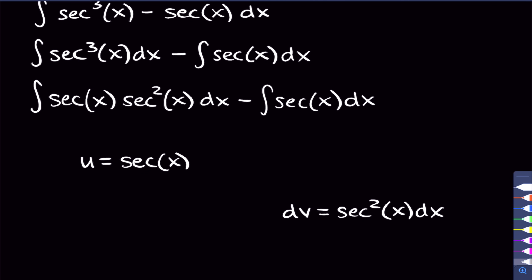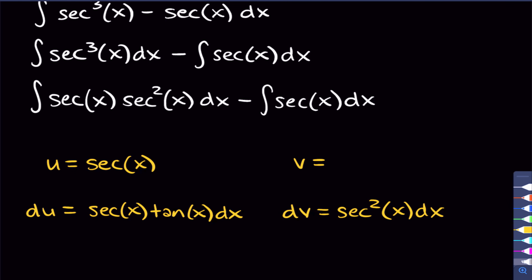And then from there, we need to integrate to find our v, and we need to take the derivative to find du. Now, du, that's the derivative of secant of x, that's secant tangent times dx. And of course, I ran out of room. Might as well color code this while I'm at it. And then the integral of secant squared, that's tangent of x.